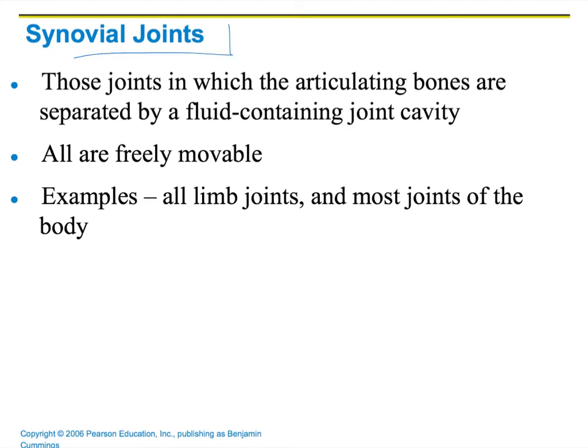The rest of the slides in this PowerPoint and the following one, 8B, will deal with synovial joints. Synovial joints are defined as freely movable joints that contain a joint cavity filled with fluid. These are the joints we commonly think of when we think of a joint: your hinge joint, your ball and socket joint, pivot joints.